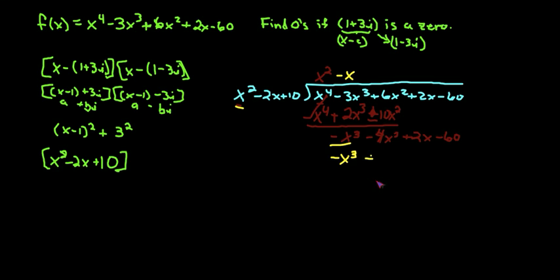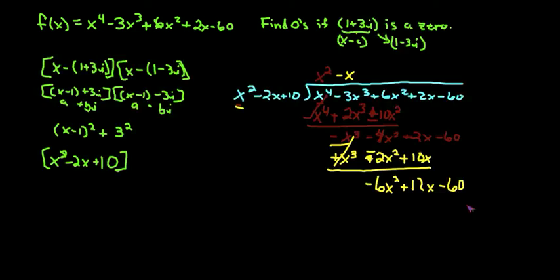And then negative x times 10 is negative 10x. Go through our steps again, draw the line, change my signs. Opposites cancel. Here I get negative 6x squared. And here we get plus 12x. And then we subtract 60.